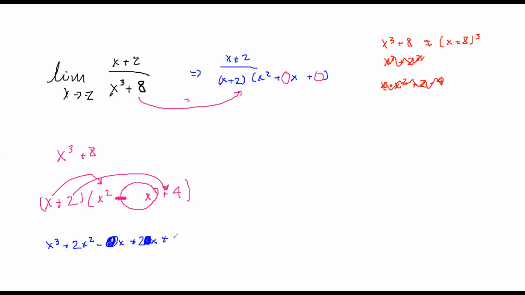And then we have our x cubed and we have our 8. So what we have here is we have a 2. I'm going to call this a now. So we have 2x squared minus ax plus 2ax plus 4x.